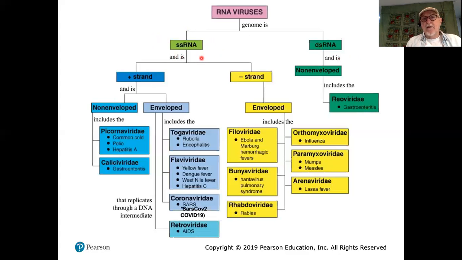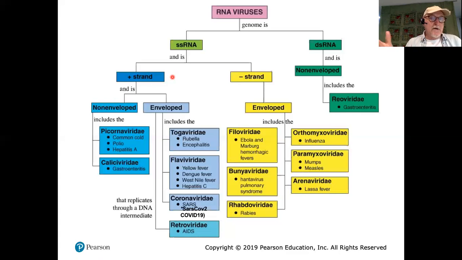Now, single-stranded RNA, there are two kinds. The first is called positive strand RNA. That's single-stranded RNA that is essentially exactly like messenger RNA. When it ends up in the cytoplasm of a cell, it can just be read off by ribosomes immediately.